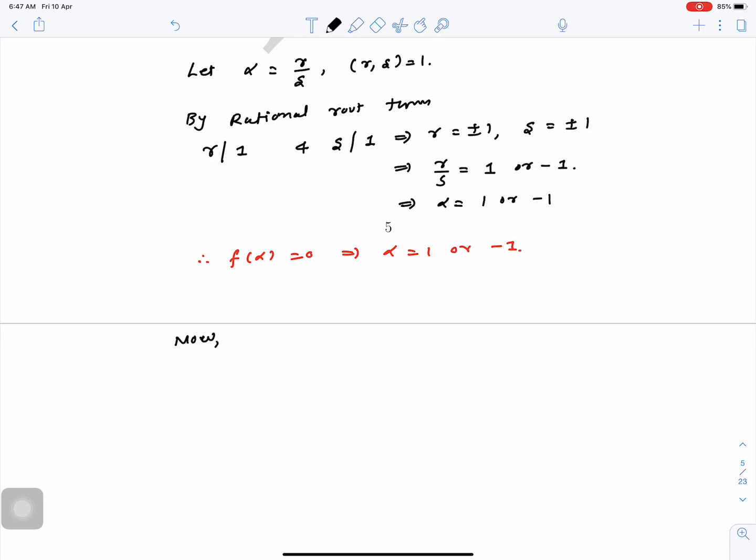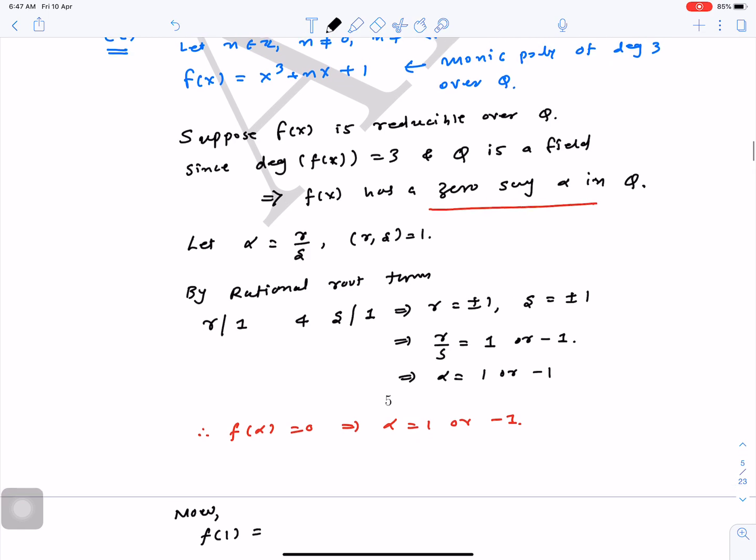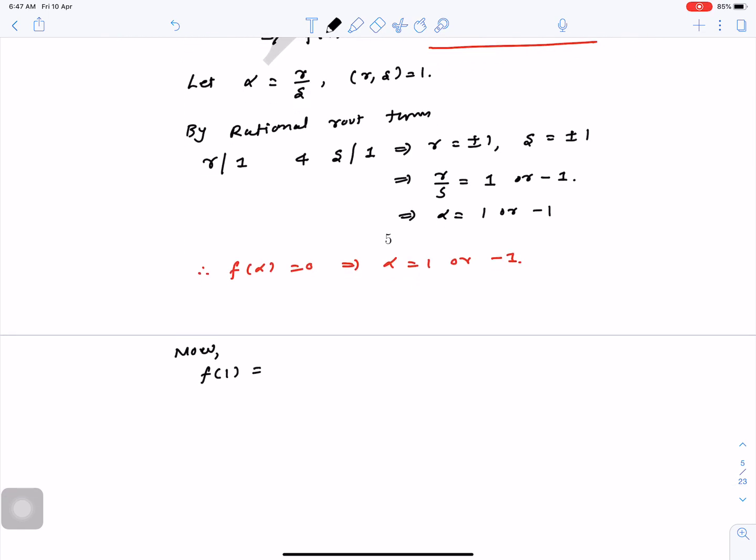Now f of 1 will be what? f(x) is x cube plus nx plus 1.